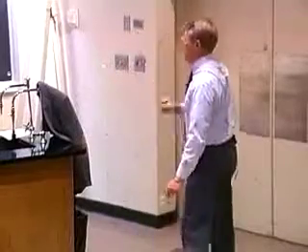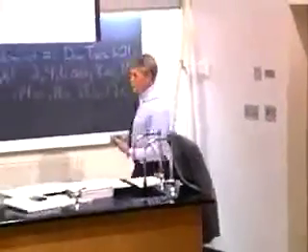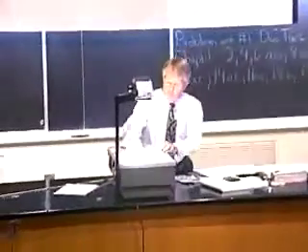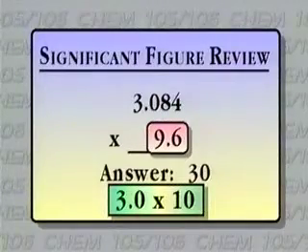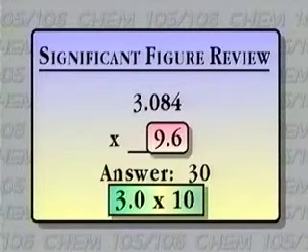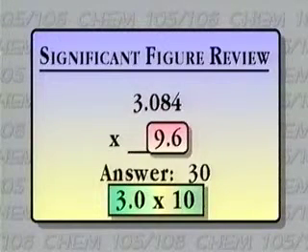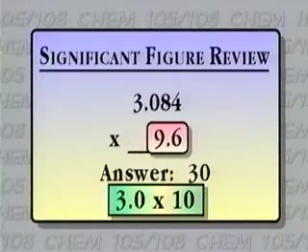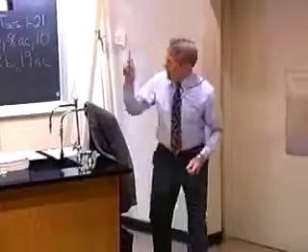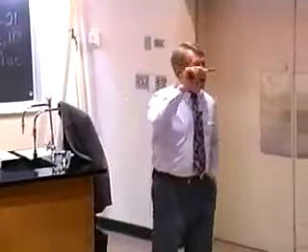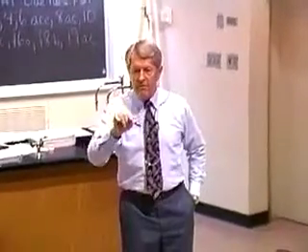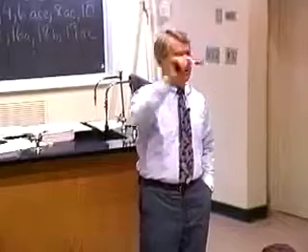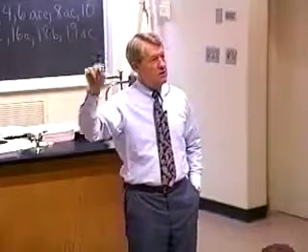So I'm going to rewrite this and call it 3.0 times 10 to the 1 power, or just times 10 you could say. Now notice when I write it as 3.0, there is no doubt the 0 after the decimal preceded by a digit is a significant figure.